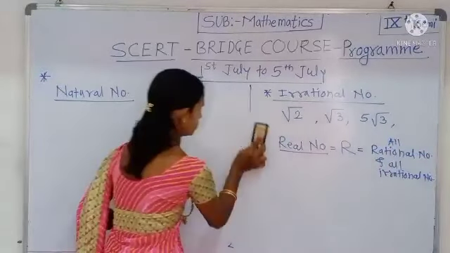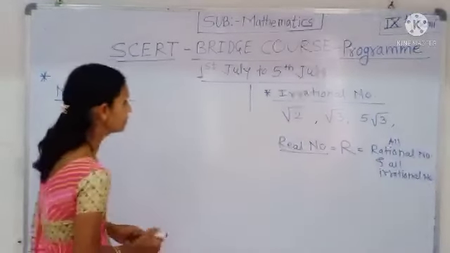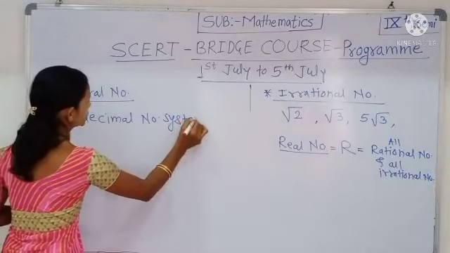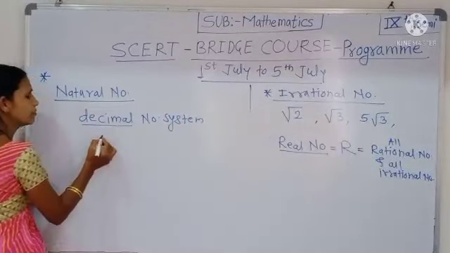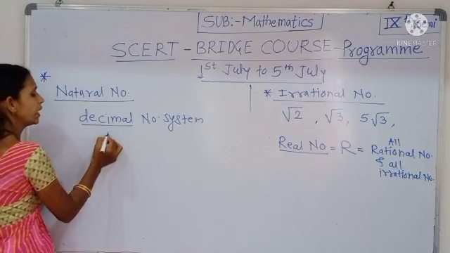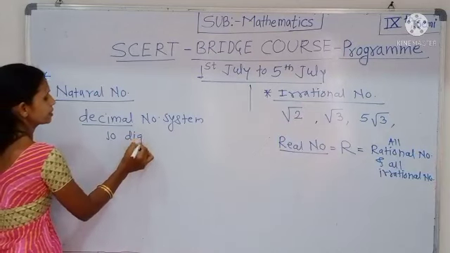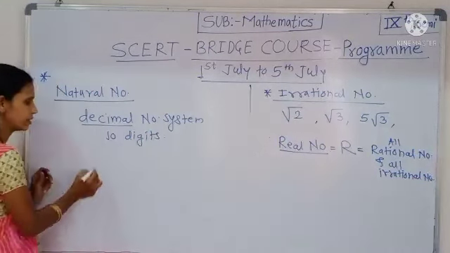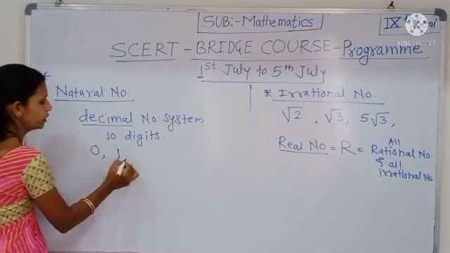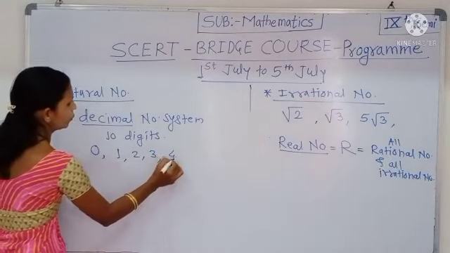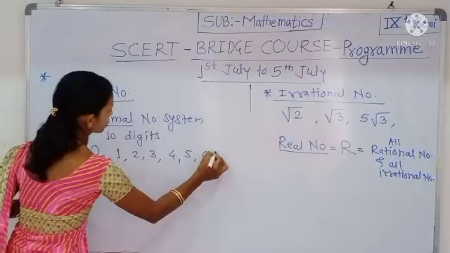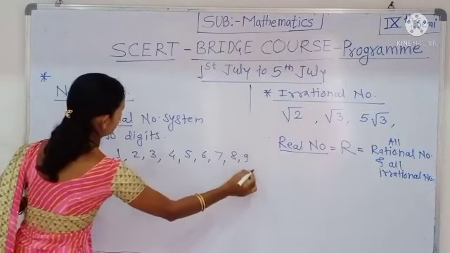Mathematical concepts are based on the decimal number system. The decimal number system means it contains 10 digits, that is 0, 1, 2, 3, 4, 5, 6, 7, 8 and 9.